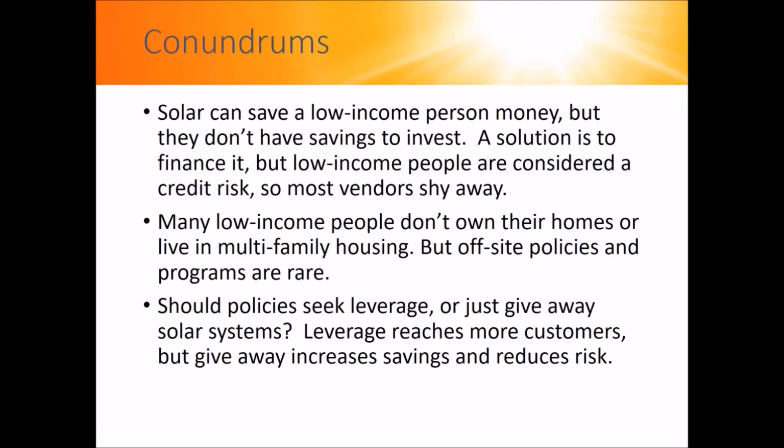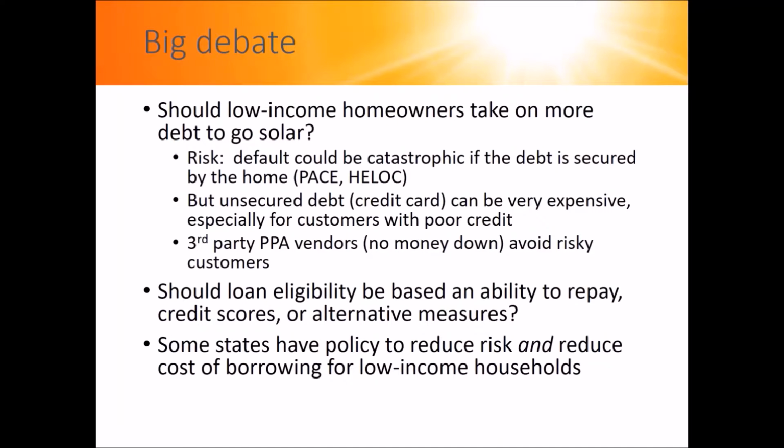Seeking leverage can put more risk on the customer. Expecting too much leverage and not getting it can also result in a program that simply doesn't work, where you don't offer enough incentive because you're not finding enough leverage.